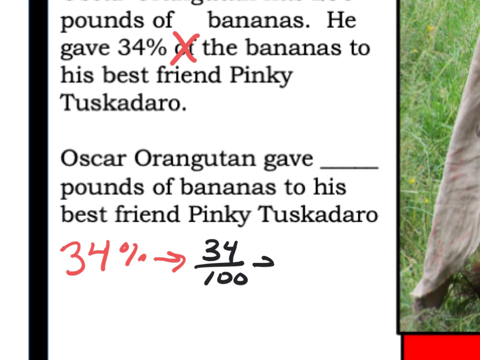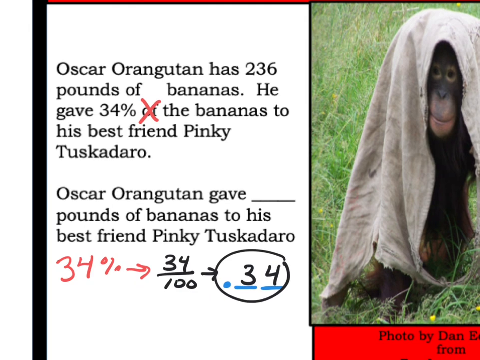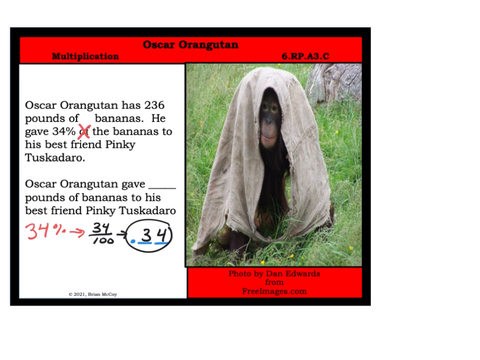Then I can convert that into a decimal, because I know that if the decimal point's here, I've got my tenths place and then my hundredths place, and then this 4 would have to be in the hundredths place because it's 34 100ths, right? So let's go ahead and plug that in. So we've got the 4 here and the 3 here, and bam, we're going to take the 0.34 and multiply it by the 236.